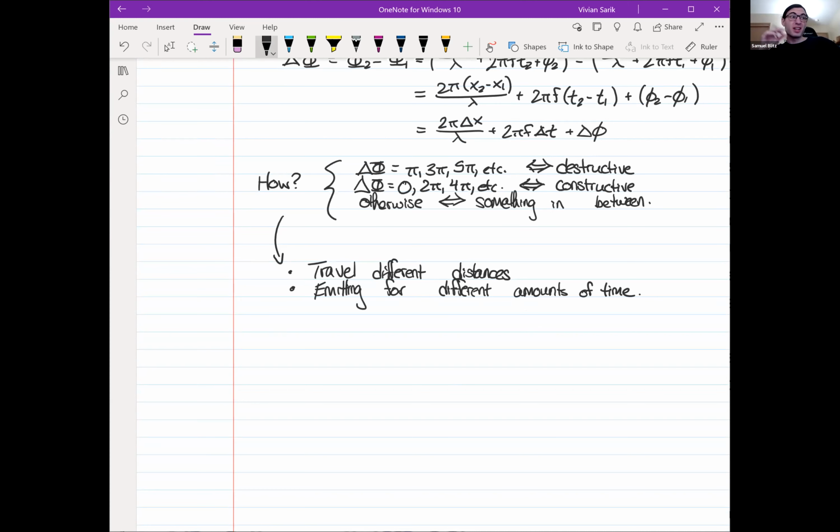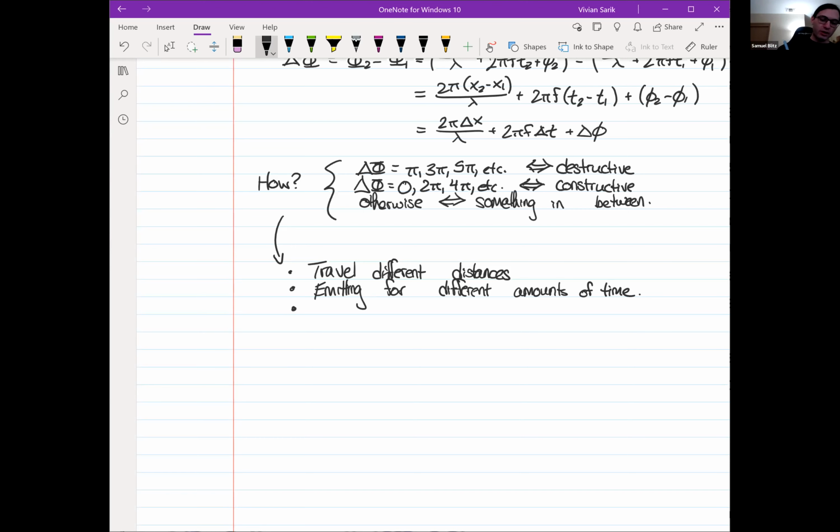That's not something you account for. So you wouldn't say that because something is further away from one speaker than it is from the other, that it takes longer to get there. That's not what we're talking about. We're talking about how long has the wave actually been going. That's the important thing, not how long it took to get from the speaker to the location of interest. So we're really interested in a property of the speaker, not a property at the location.